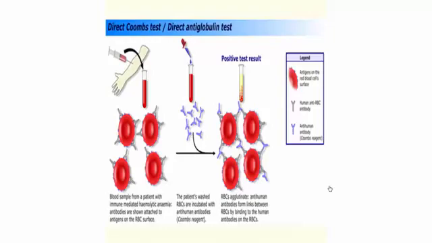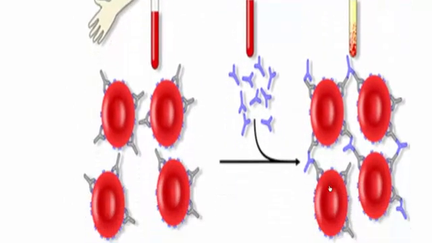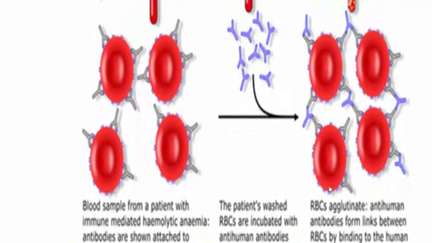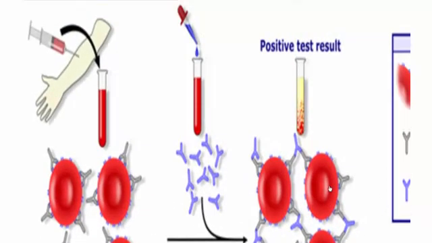In direct Coombs test, we want to test whether the RBC of the patient has been coated by the antibody in the patient's body. So we will take blood from the patient, and then we will take the RBC from the patient. If the patient's RBC has antibody coated on the red cells, then we will put the AHG to the solution.